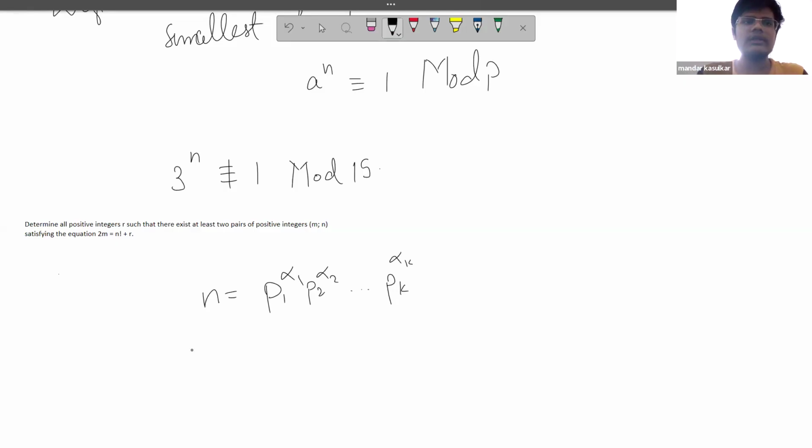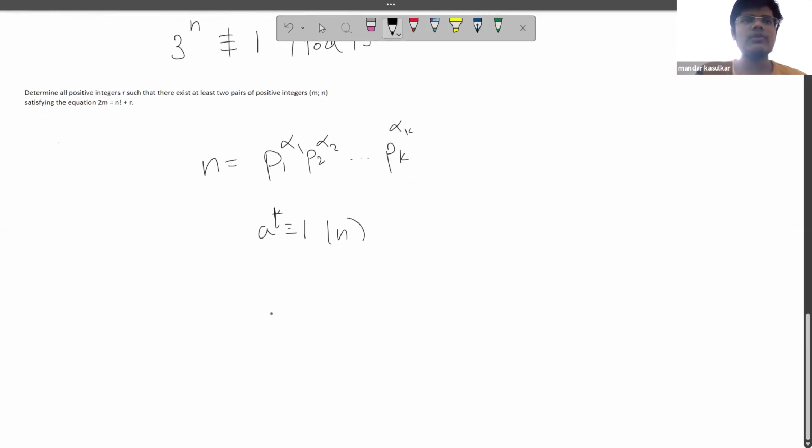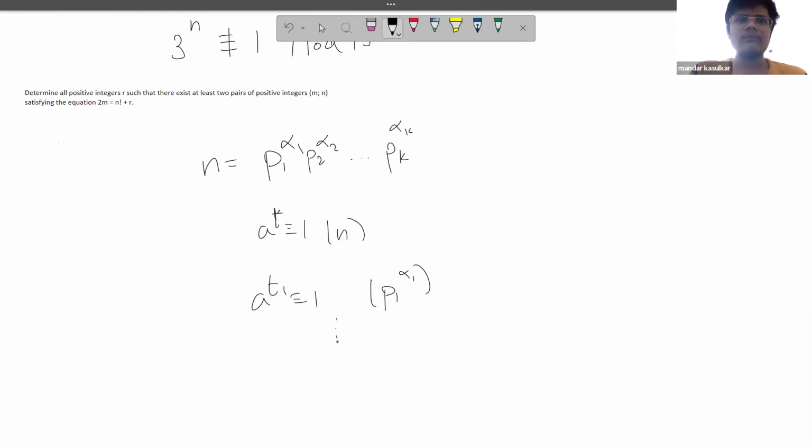So instead of looking at a raised to the power t congruent to 1, simply look at a raised to the power t1 congruent to 1 modulo p1 to the alpha 1, and so on, a raised to the power tk congruent to 1 modulo pk to the alpha k. And then you can use CRT to get the main n back.